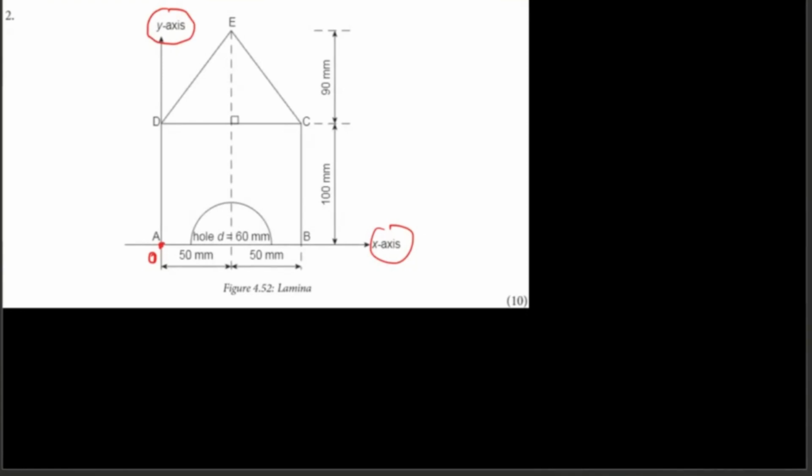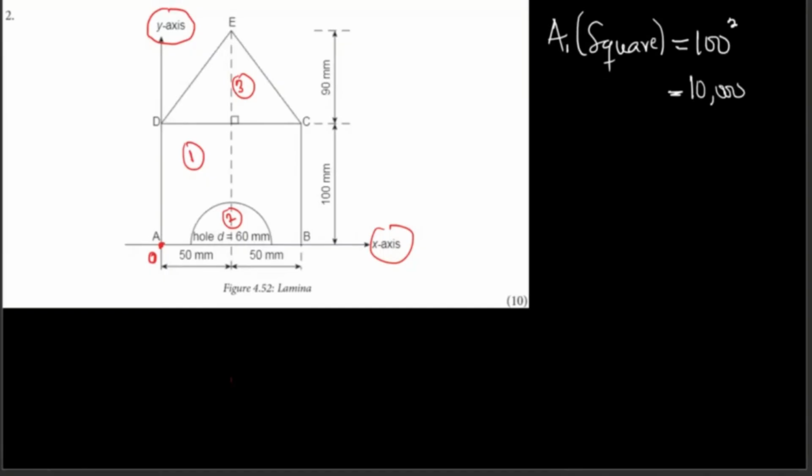If you look at this question, there are three things that I'm seeing here: a square, a semicircle, and a triangle. I'm not going to use a table this time. I'm just going to calculate the area first. A1 is a square, so the area is 100 squared, which gives you 10,000 millimeters squared.